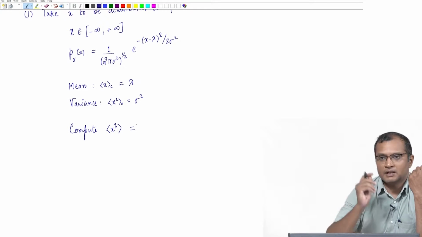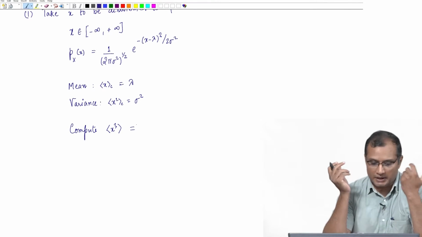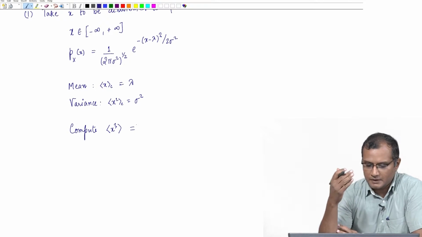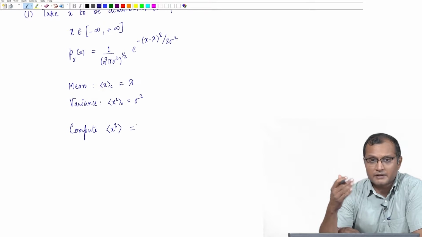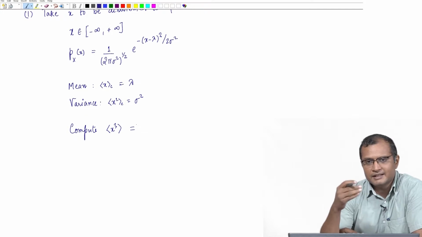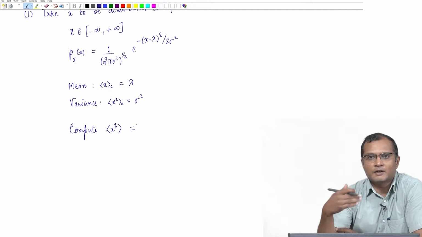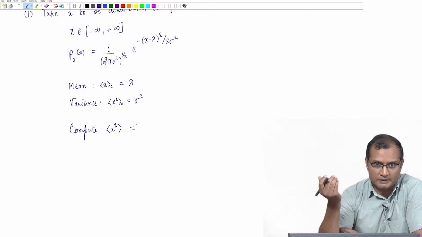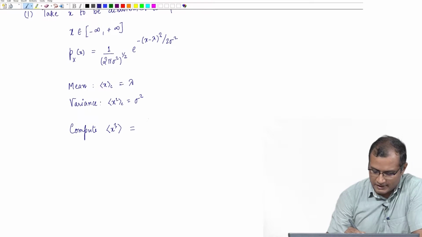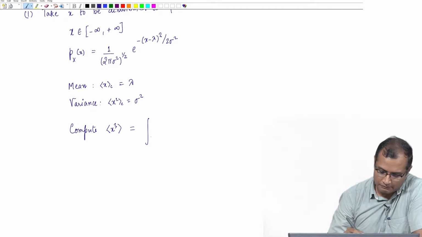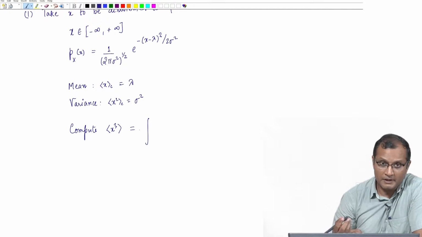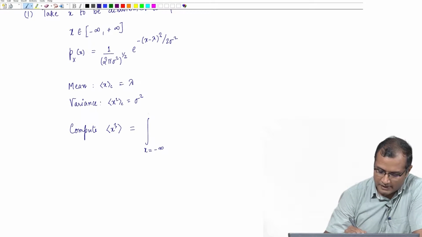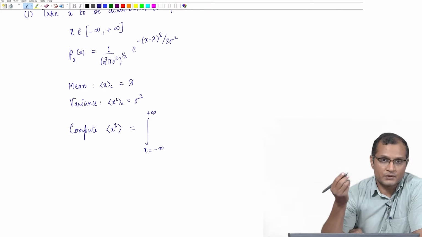Then there are three ways of doing it, at least the three easy ways of doing it, but they all take different amount of effort. So, I will list the efforts in descending order of effort. The first effort that takes more time is to simply sample x cube in this distribution. So, I will take the distribution from minus infinity to plus infinity and sample x cube in it.